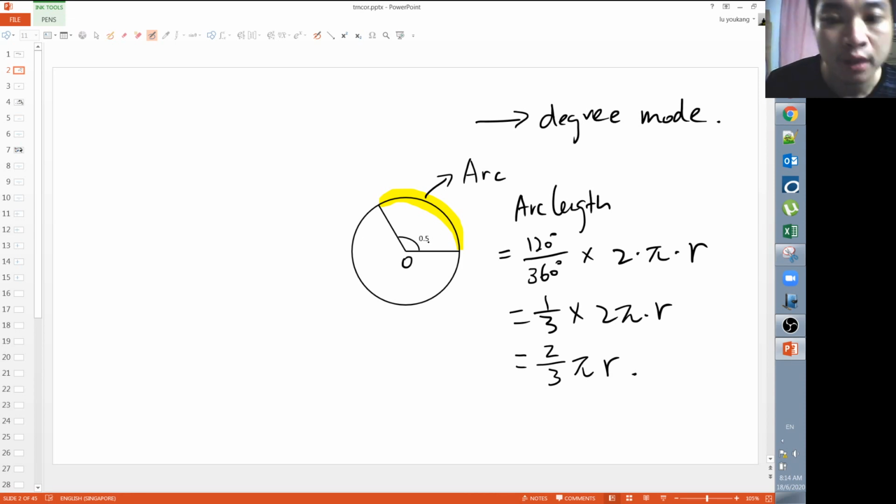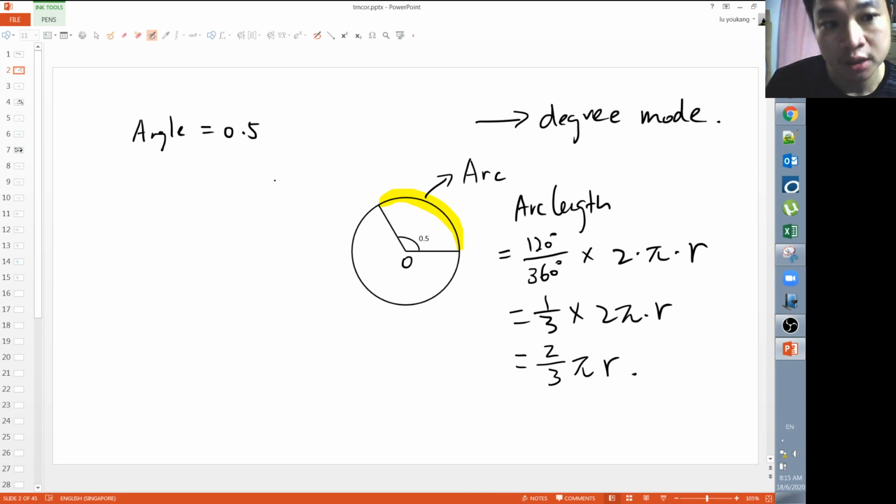But now I've changed the question and I've changed the angle to 0.5. So let's call this my angle. This is my angle, which equals 0.5 right now.